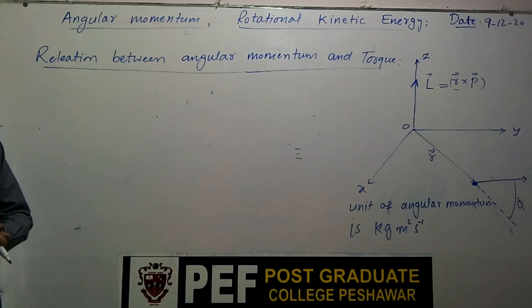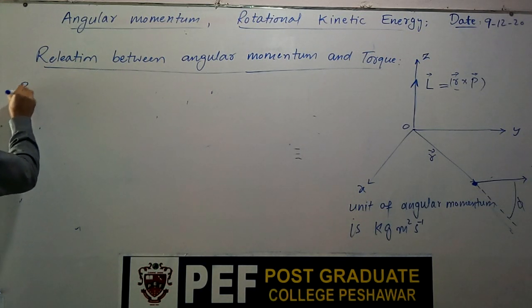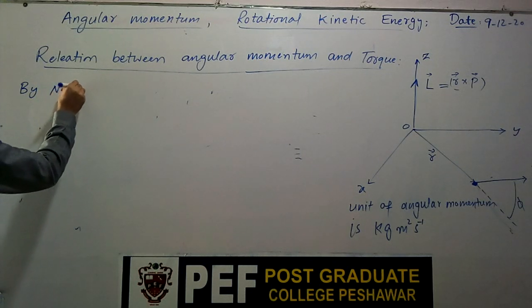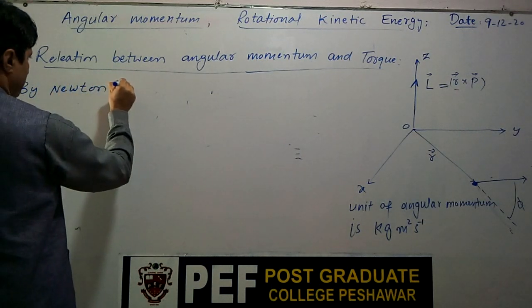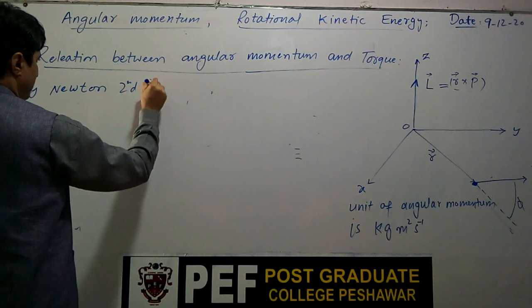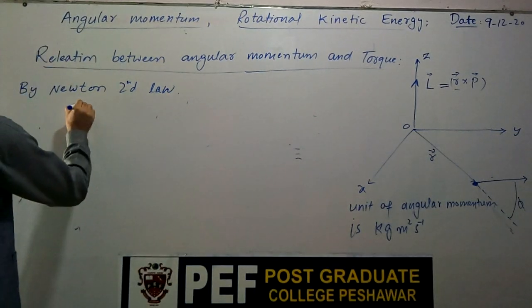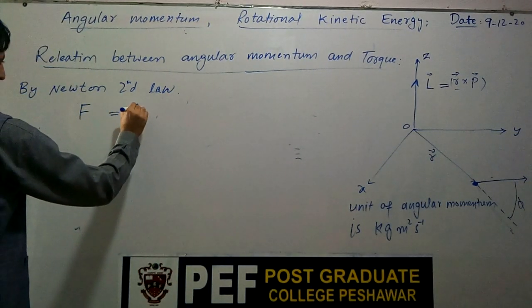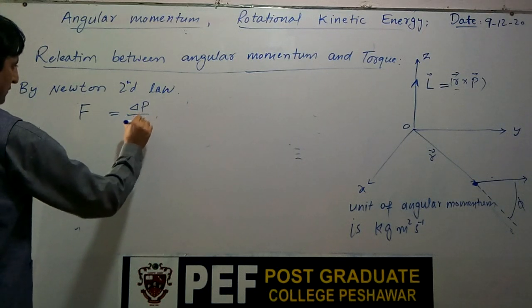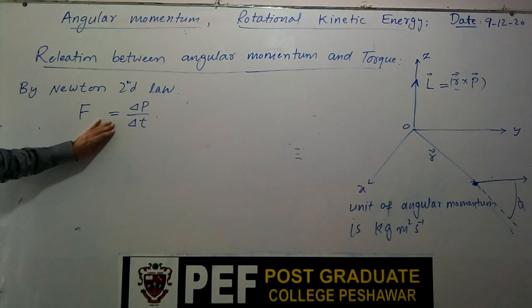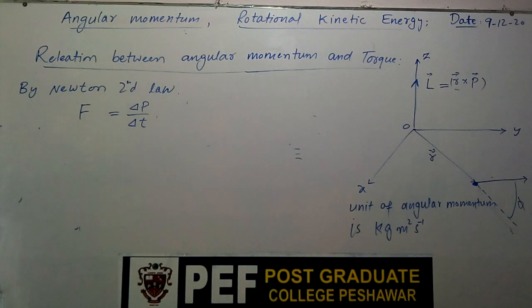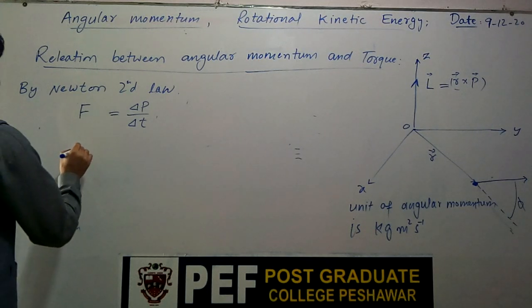By Newton's second law of motion, we know that the rate of change of linear momentum is equal to force. Similarly, we can convert this equation into angular motion. What is the angular analog of F? In linear motion we define force, but in angular motion we say this is torque.